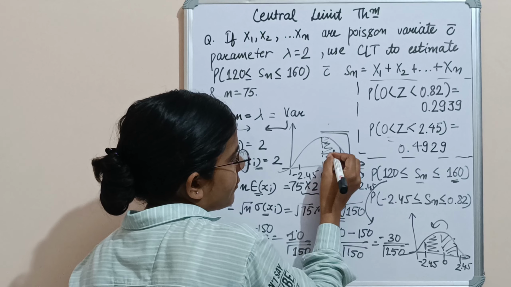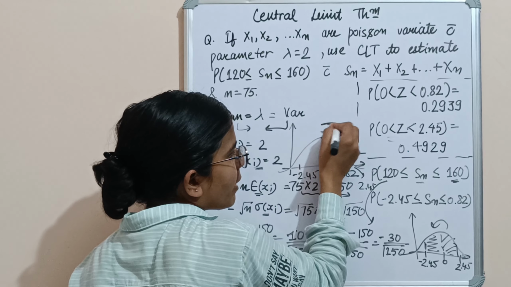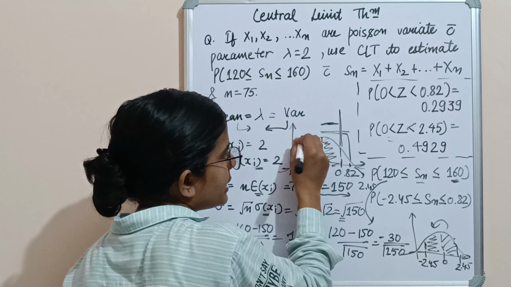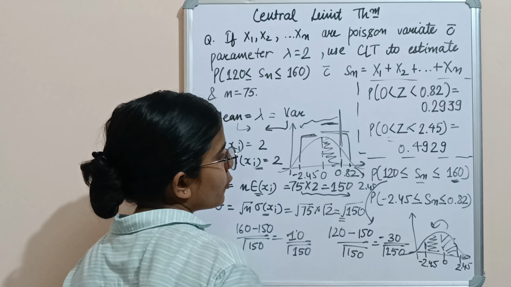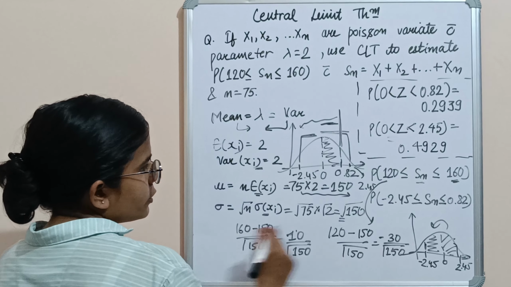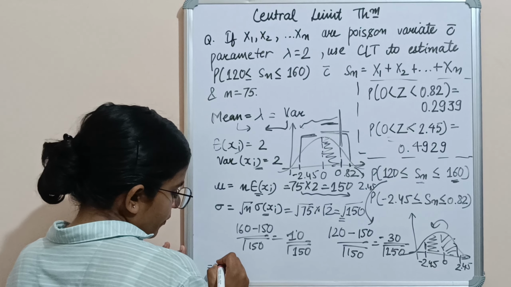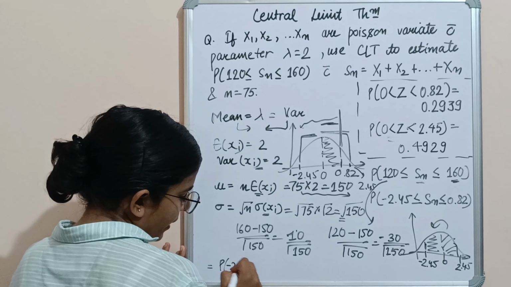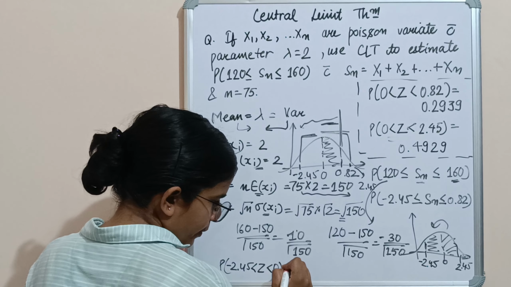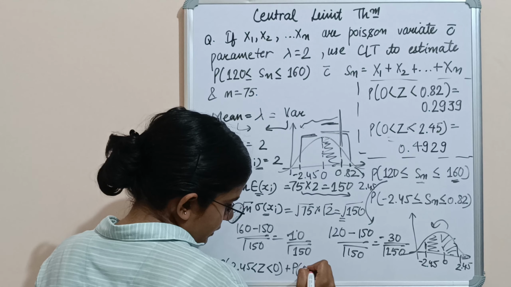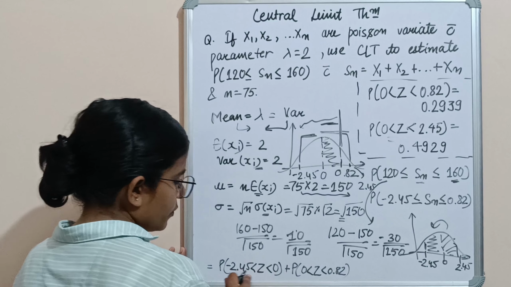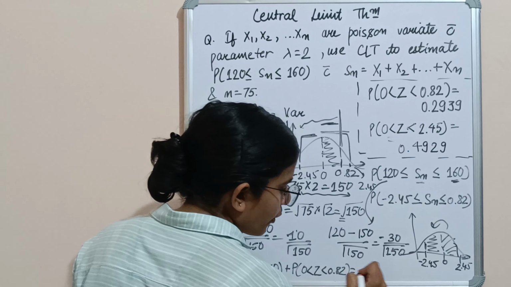We have the probability of this area till 0.82 and the probability of this area, so we just sum these. Our answer will be the probability of minus 2.45 less than z less than 0 plus the probability of 0 less than z less than 0.82.